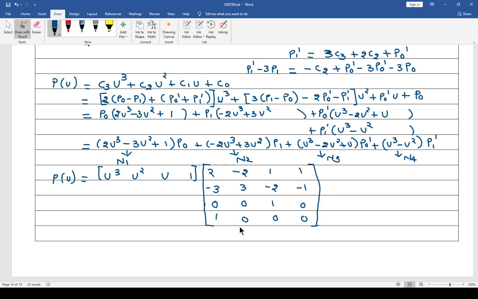So this middle matrix is represented by M and it is called the blending function or blending matrix M, multiplied by P0, P1, P0 dash, P1 dash. In this way I could write P of u.